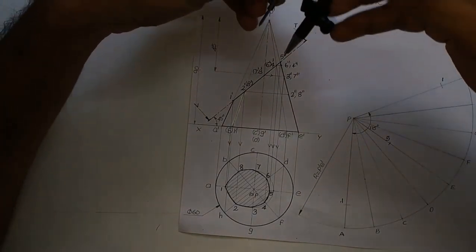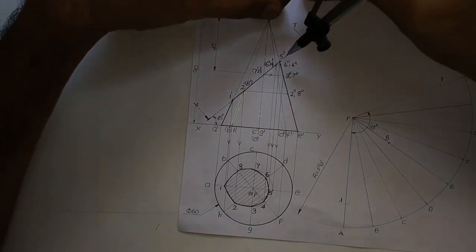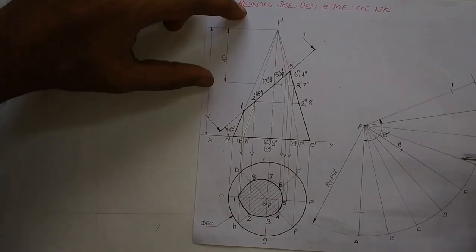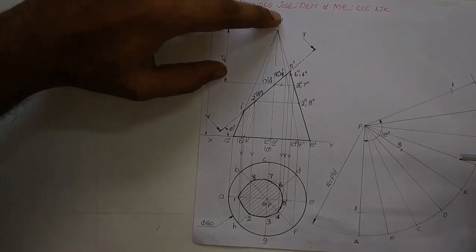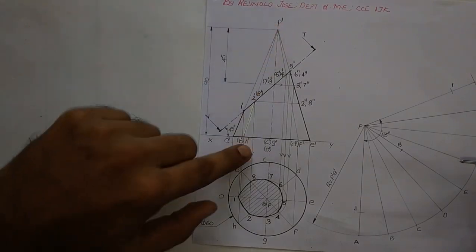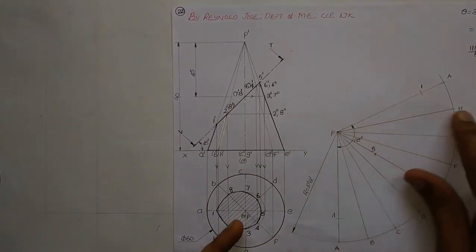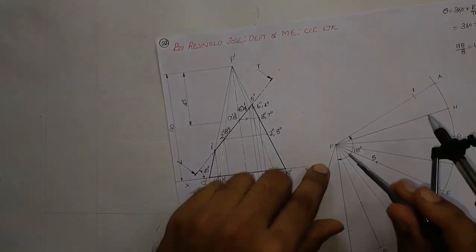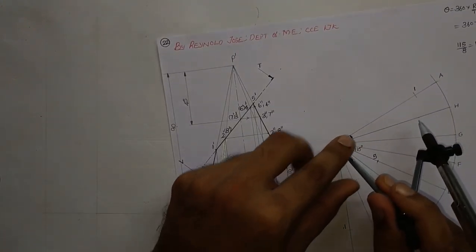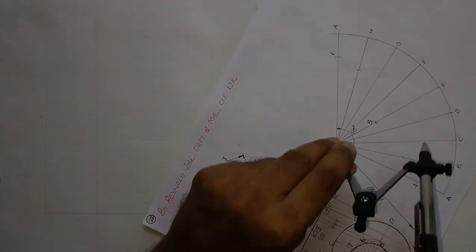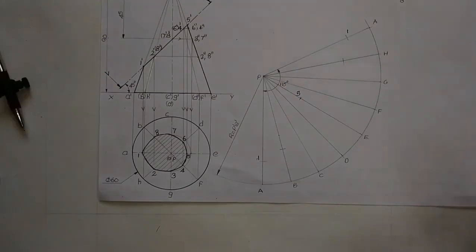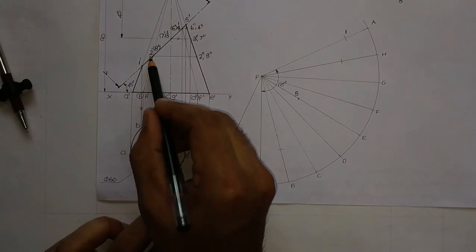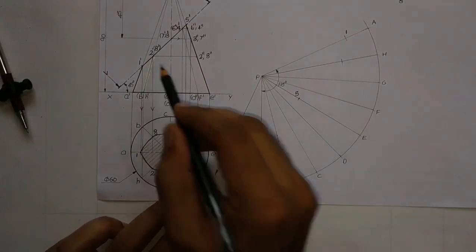So we shall take the measurement P dash 2 double dash. So this measurement is on P dash B dash and P dash H dash. So here this is PH and this is PB. For both of these generators we can use the same measurement. So on H it is 2 and on B it is 8.